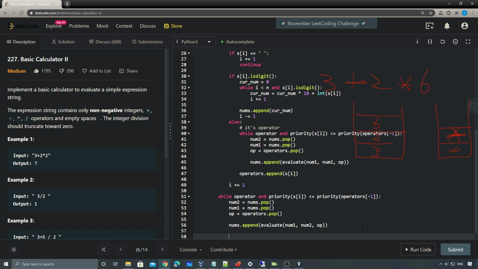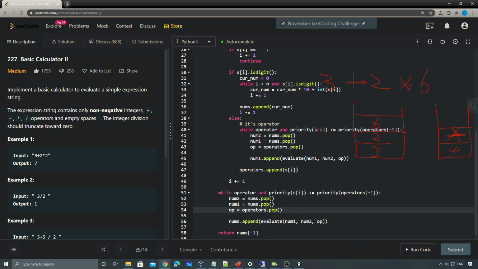And then I simply return nums[-1], because after this final while loop we have evaluated everything in the stack, so we can simply return the only number left. That's going to be our answer. So I think that's it.